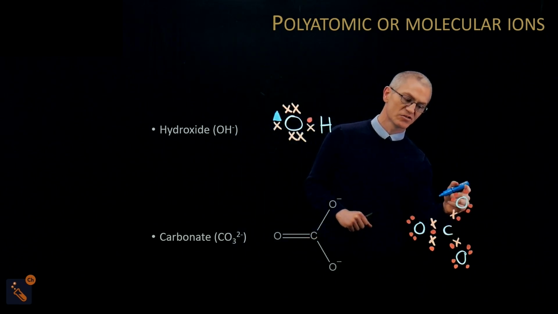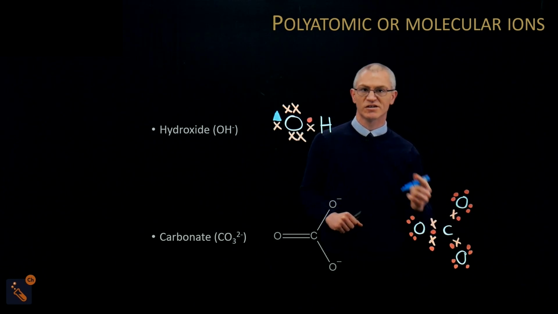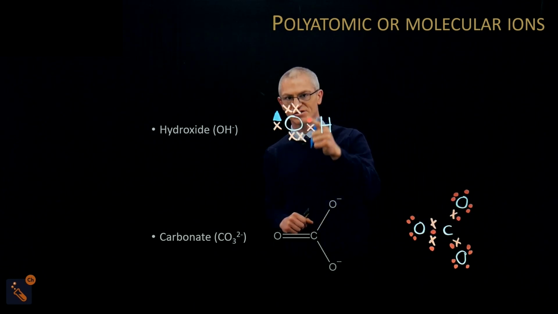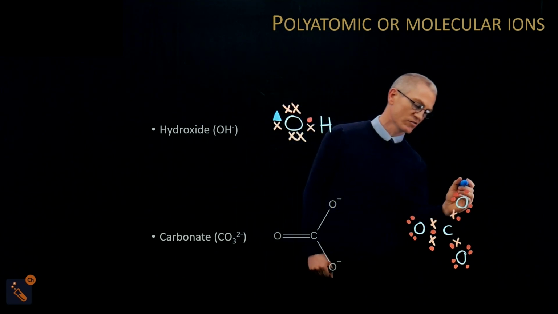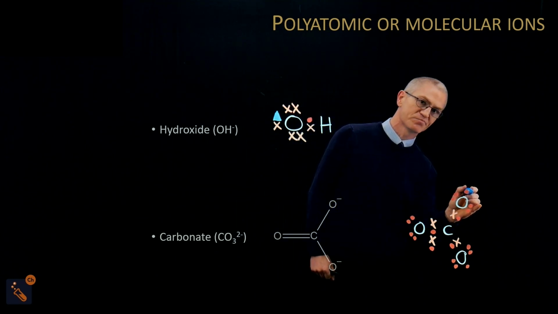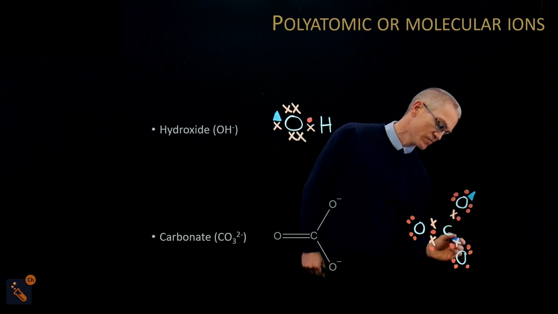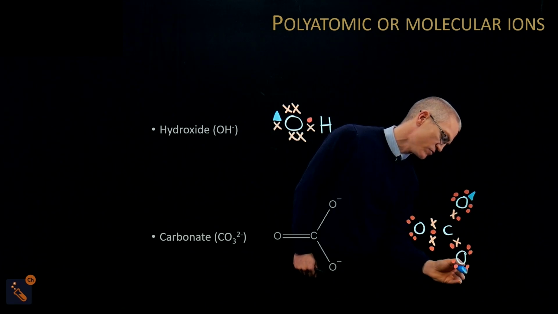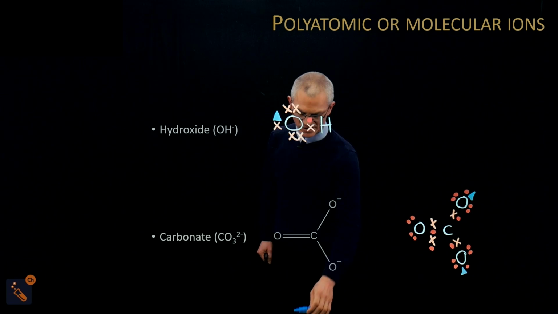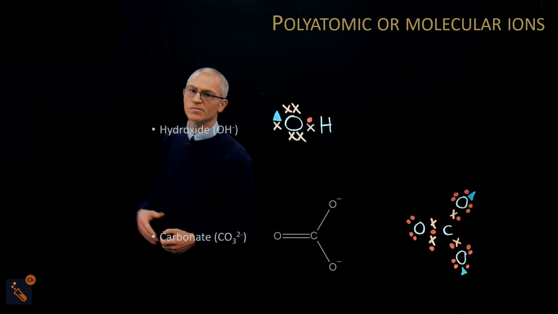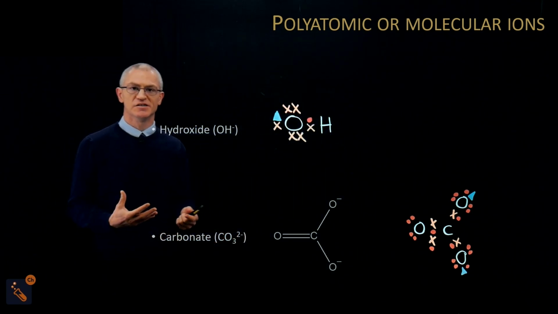Well, it gains the 2 electrons to make that full outer shell, just like we've been making the full outer shells all the way through when we're doing these diagrams. So that electron must have come from somewhere else, and then this electron must have come from somewhere else. So all the way through our diagrams, we've been making all the unpaired share.